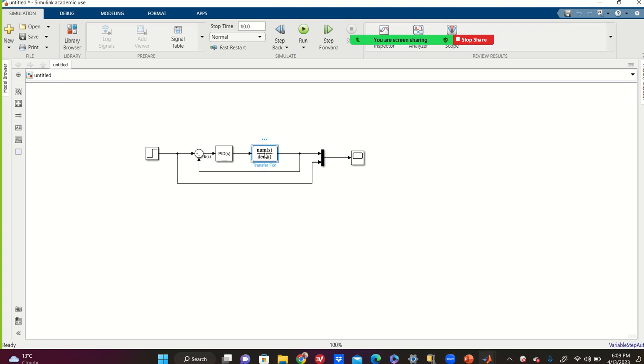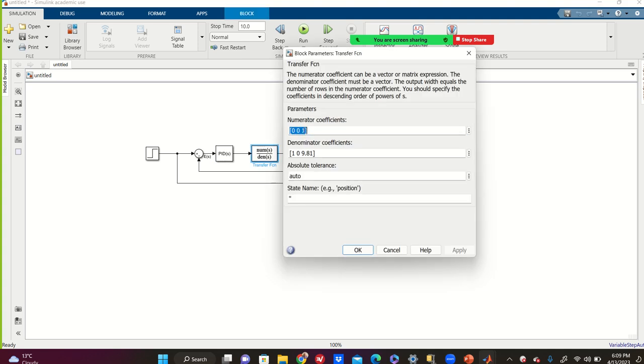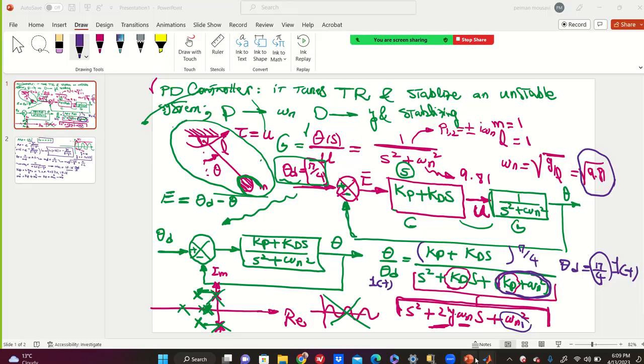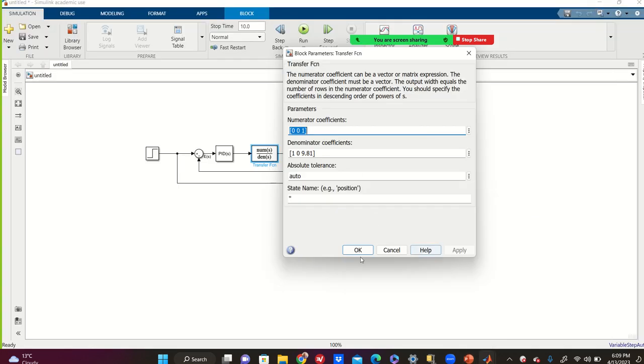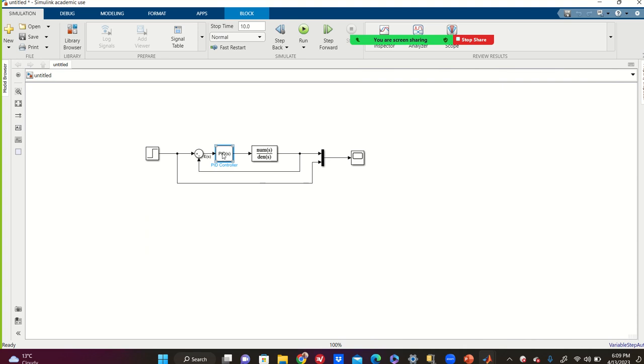And remember, this is your open loop transfer function, 1 over s squared plus omega n squared. See? I just did it here like this. Okay? And this is your PD controller.